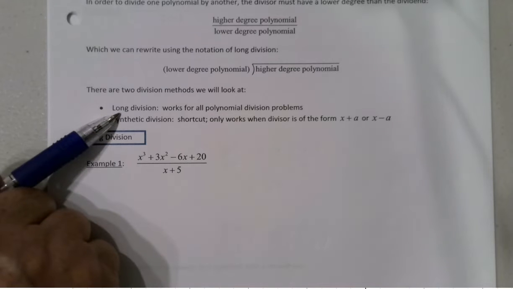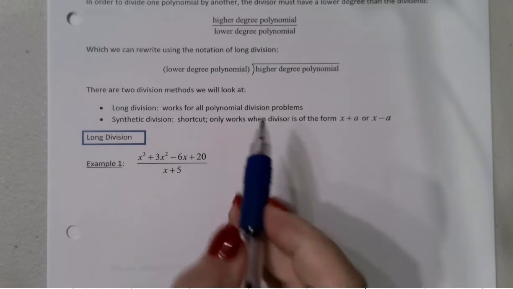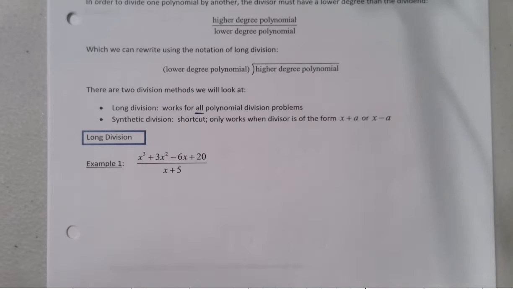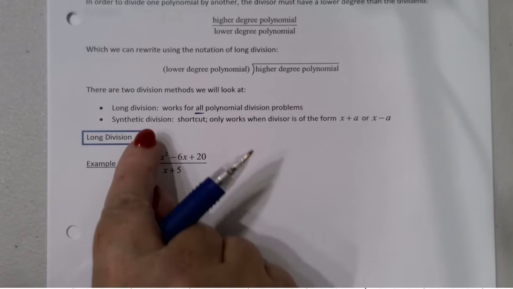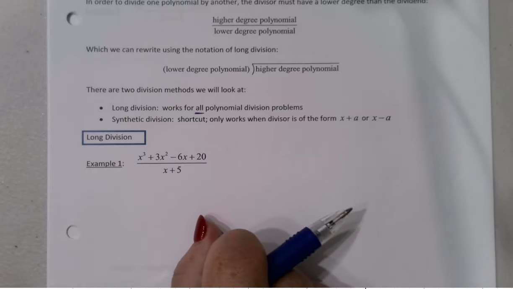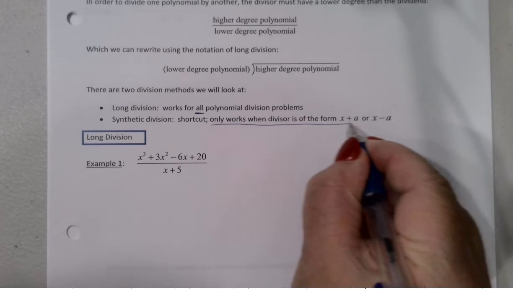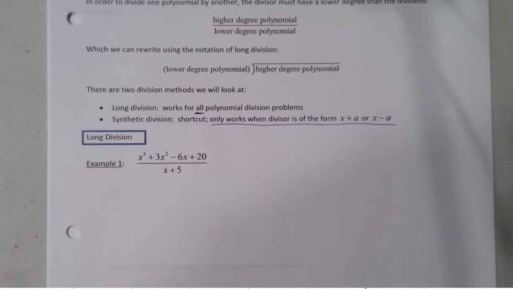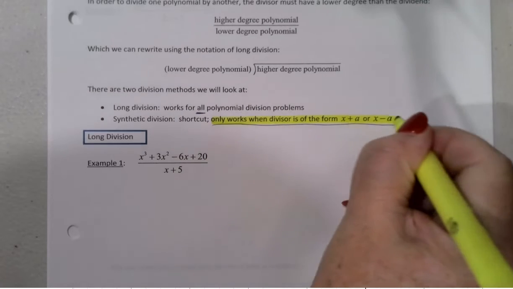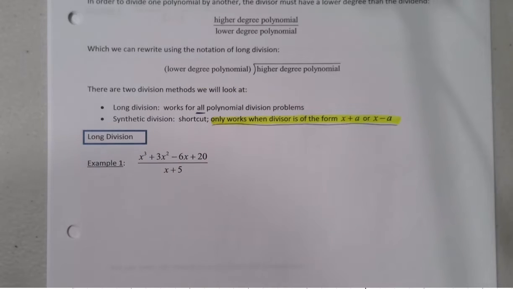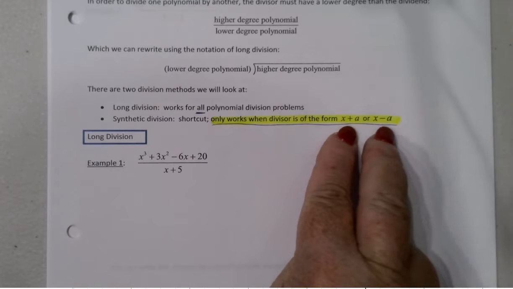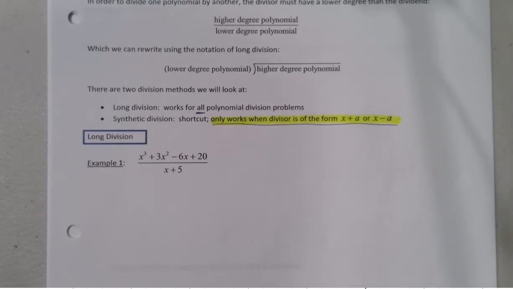The long division way, which we'll do first, works for all polynomial division problems, and that's why it's important to know. But there's a little shortcut called synthetic division. This one only works when the divisor is the form x plus a or x minus a. So it's a bit limited in its scope, but it's going to turn out that that's what we're going to need a lot in this class, so it's a worthwhile shortcut to learn.